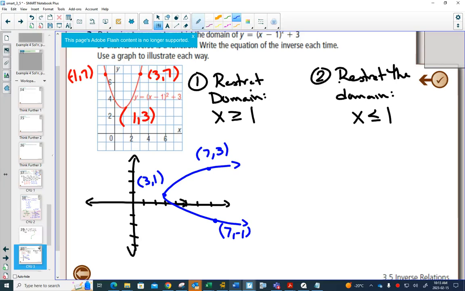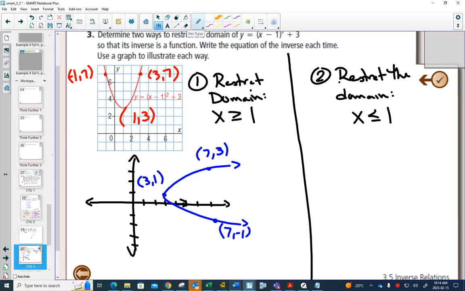I find this question is complicated for students in a lot of ways because it's involved and things are getting broken up. And this question is really 6 questions in one. We needed to restrict the domain twice.